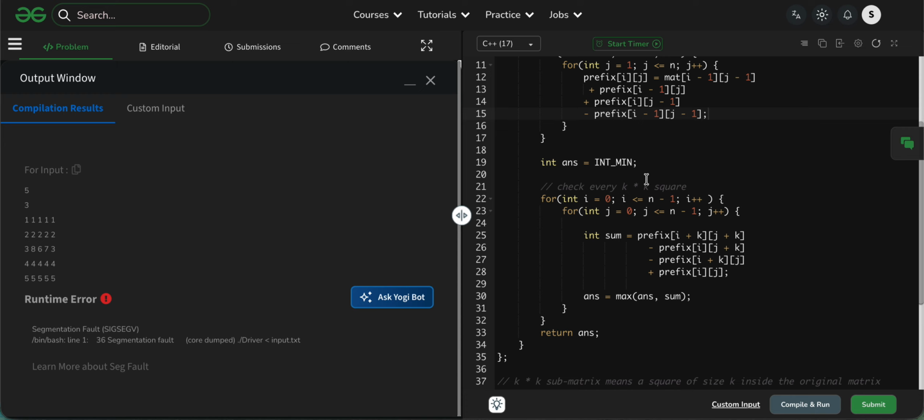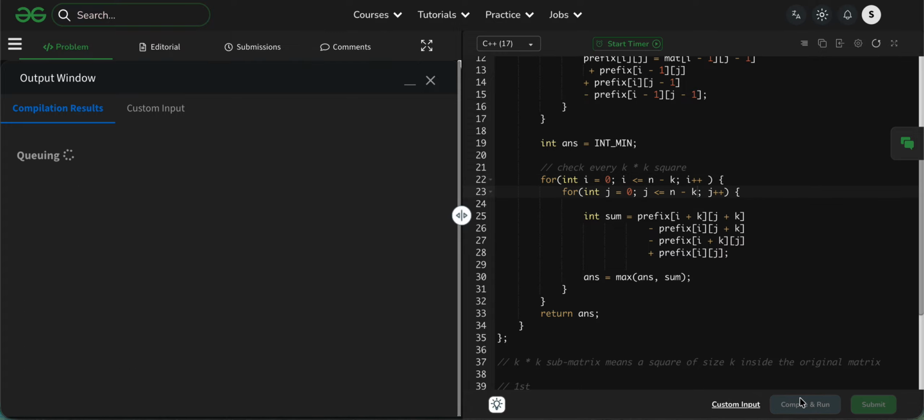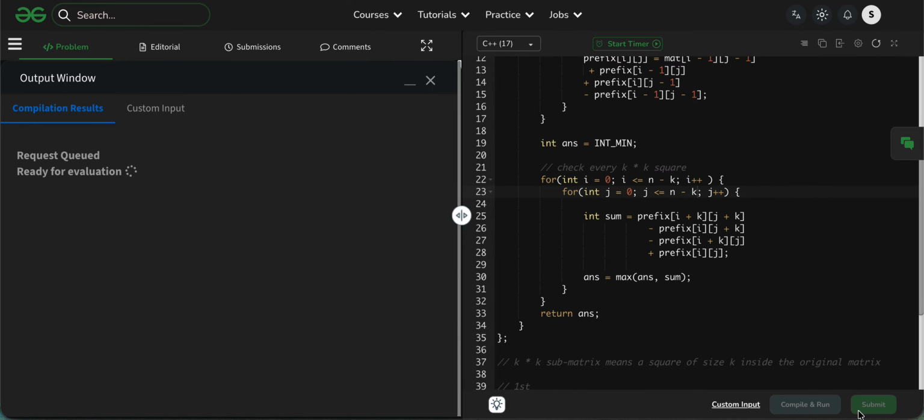And then int is also int min. Okay, and then check every k into k square, right? Then 0 to n minus, there is k, not 1, there is k. This is the problem, I think. Now it's fine, yes, try to submit it.